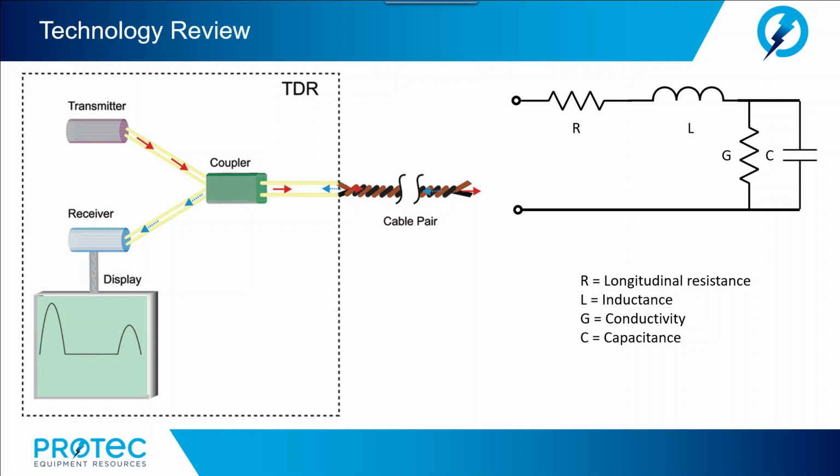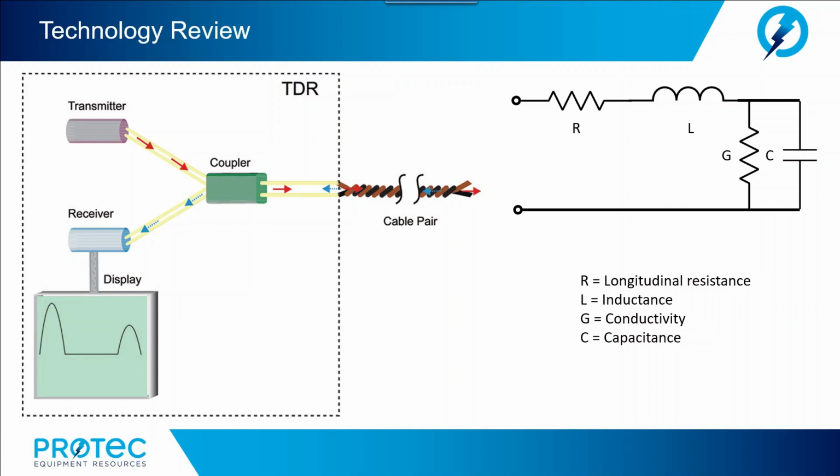Time domain reflectometers, or TDRs, use simple transmission line theory and pulse reflection principles to detect these impedance changes encountered along a cable. The TDR transmits high-frequency electrical pulses that travel through the cable until a change in characteristic impedance is encountered.